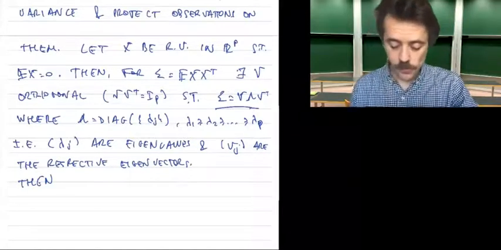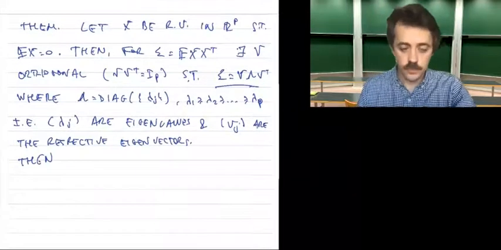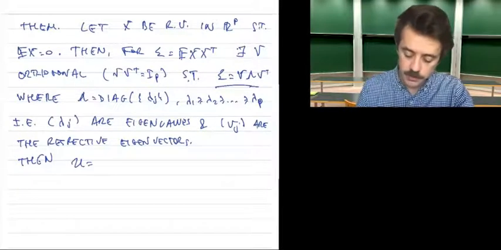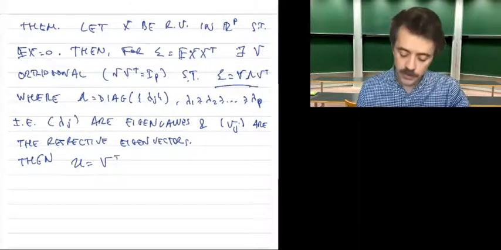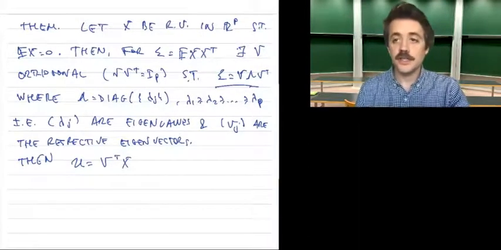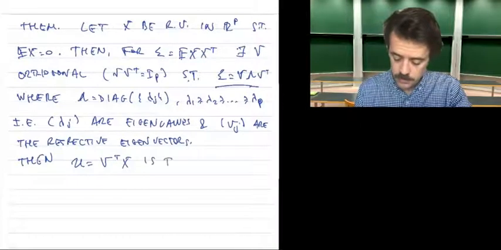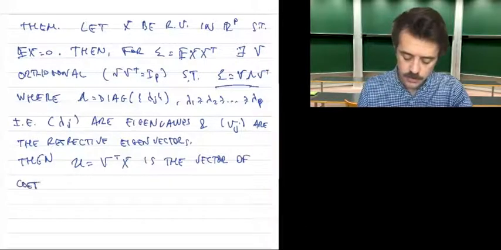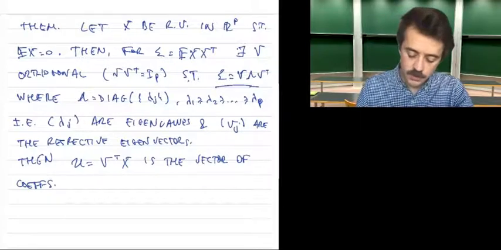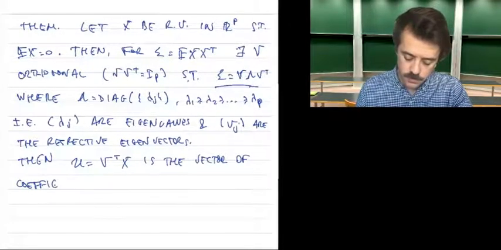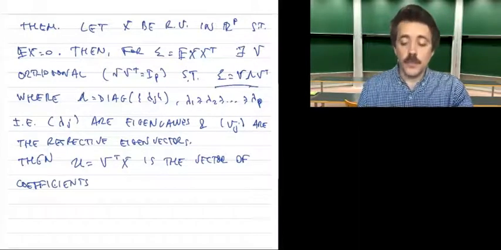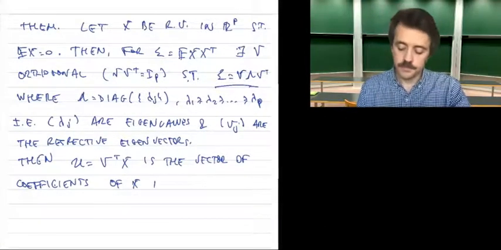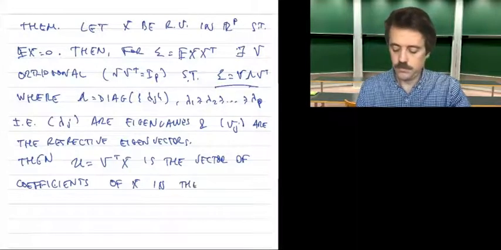What can we say? Let me define now a certain quantity that is actually going to be important, because this is what we will call the principal components of X. This guy U is the vector of coefficients of this capital X in the eigenvectors.